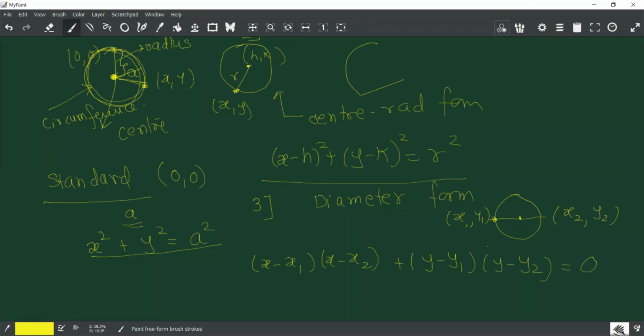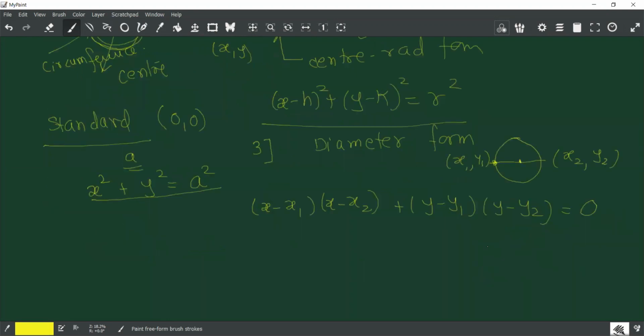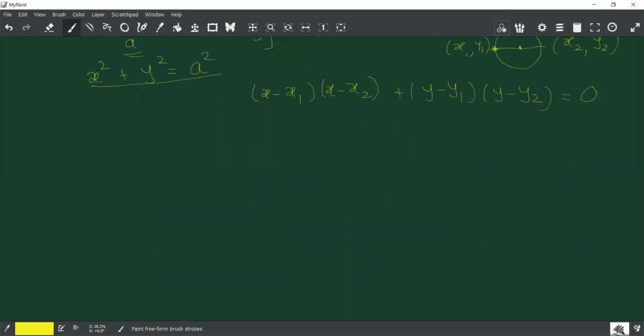Correct? How do you prove it? Who knows how to prove this?